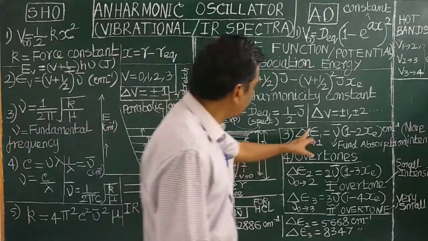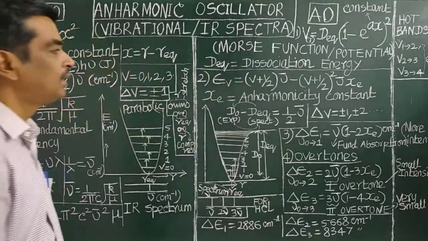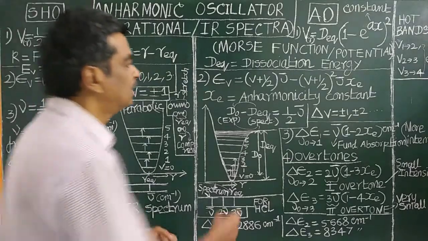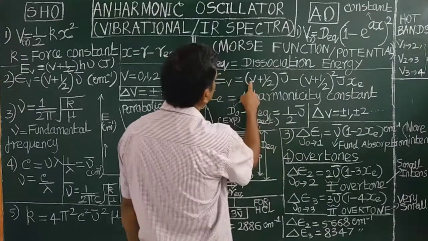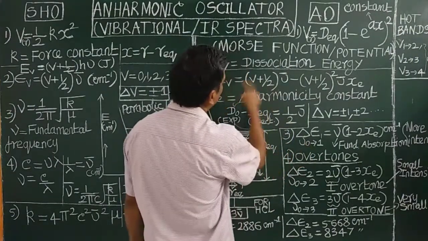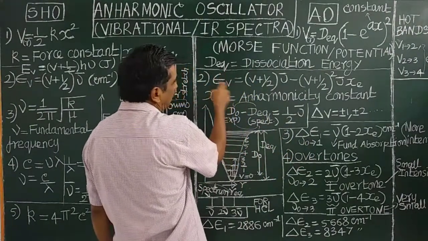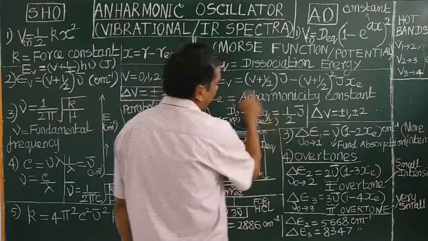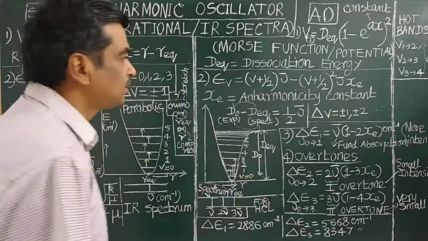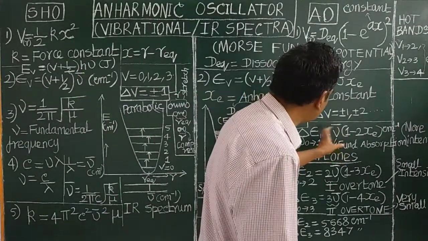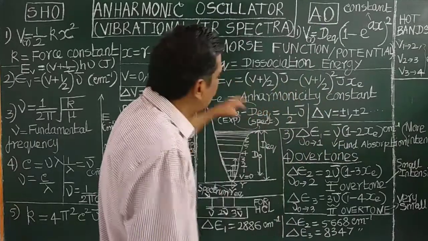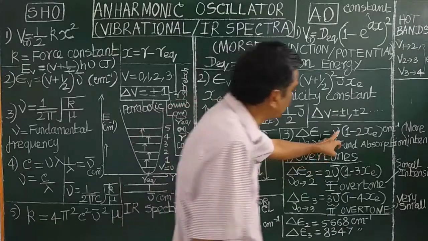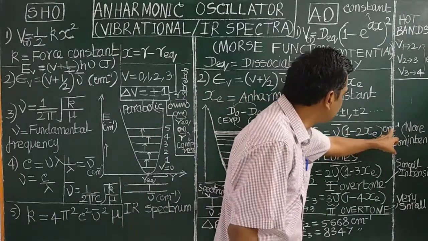Now let us calculate the fundamental absorption frequency, the fundamental energy difference. Delta E1: let v equal to 0 and substitute, then v equal to 1. I have given the procedure in the next slide. On calculating, delta E1 means E1 minus E0, therefore nu bar 1 minus 2xe in centimeter inverse.